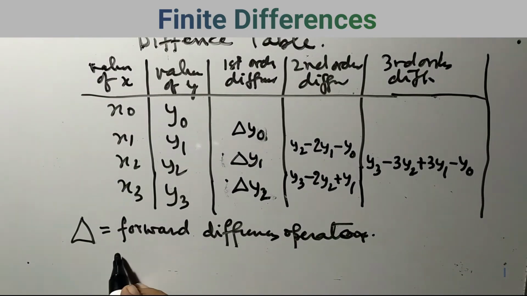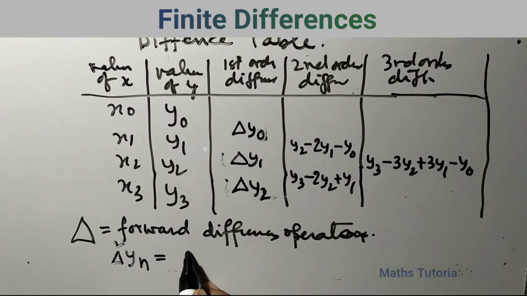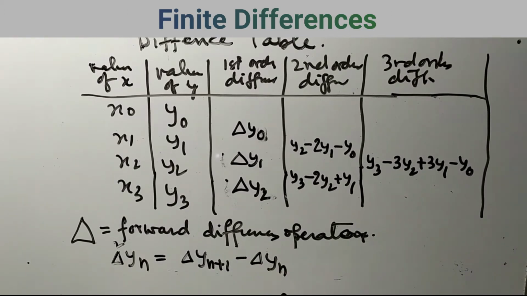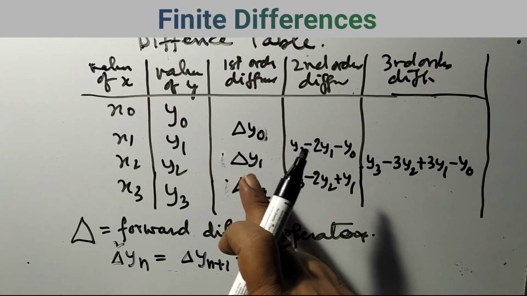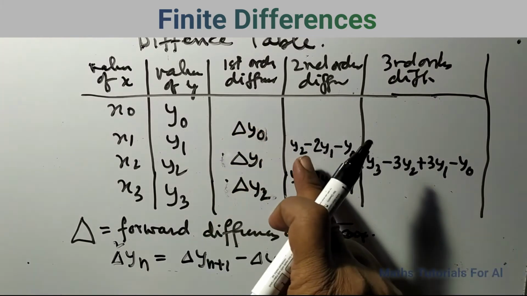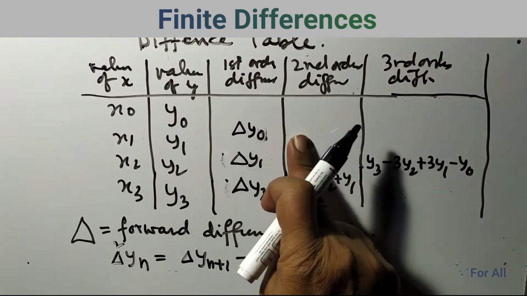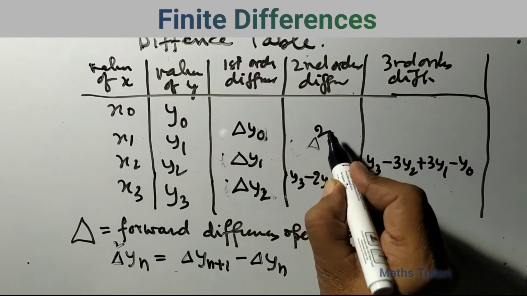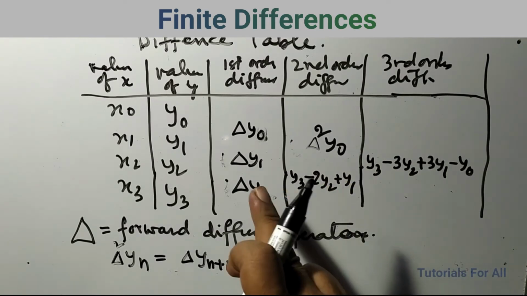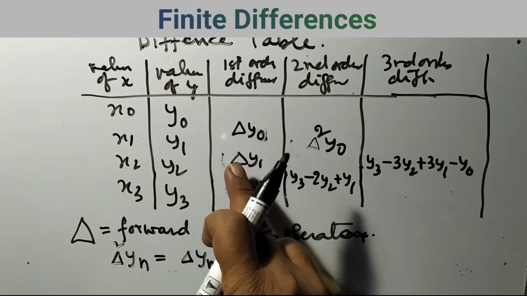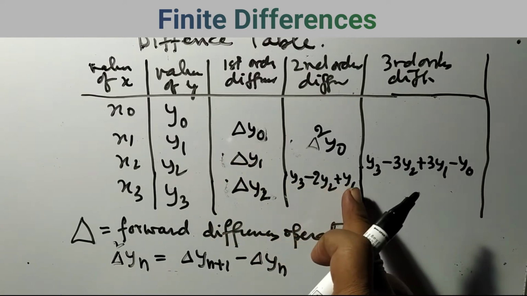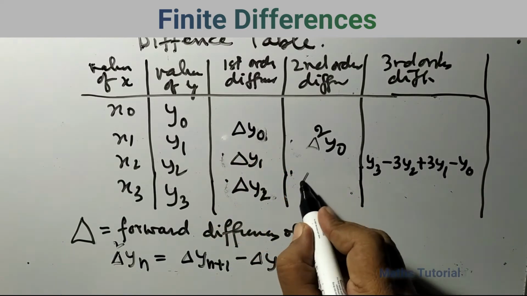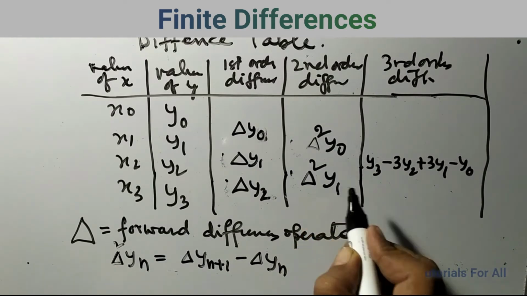For the second order differences, the term is delta square yn equal to delta yn plus 1 minus delta yn. So delta y1 minus delta y0 is equal to y2 minus 2y1 plus y0, and we write it as delta square y0. Here the difference of delta y2 minus delta y1, y3 minus 2y2 plus y1, becomes delta square y1.